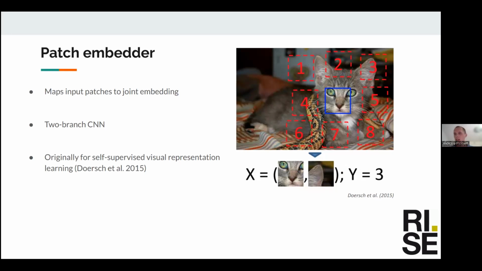It can be explained quite easily by this cat example, where you assume that you have a neural network which observes the blue patch, the center of the face, and then it is provided another nearby part of the cat, for example, the ear that you see there. And then the neural network should figure out the relative positioning between these two patches. And in this case, the correct answer is position number 3, so to say.